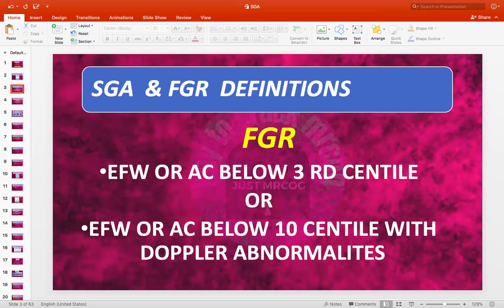Means when there is below third centile, we do not need any other feature. But when it is less than 10th centile, then there has to be Doppler abnormalities to consider it as FGR.